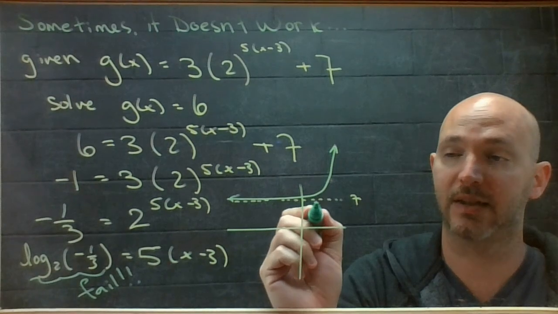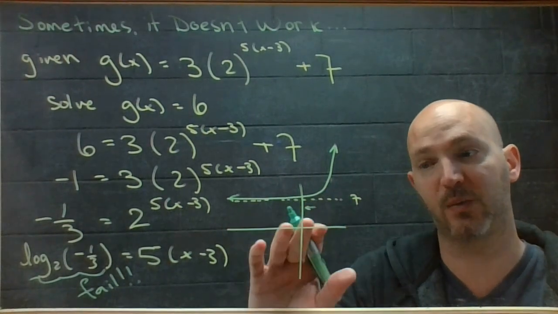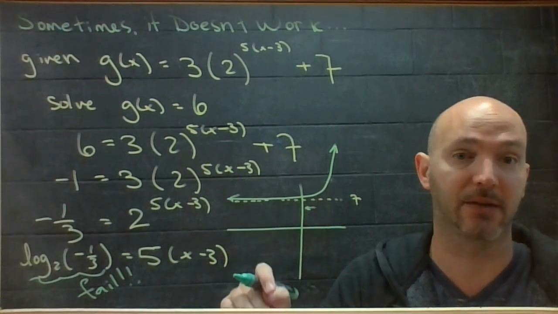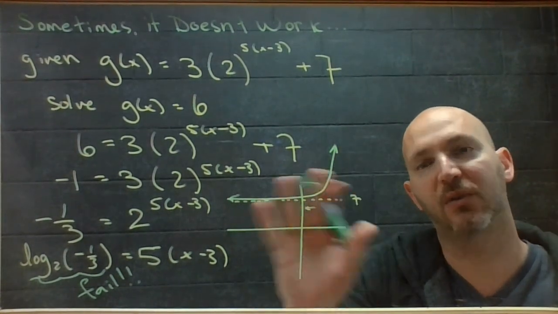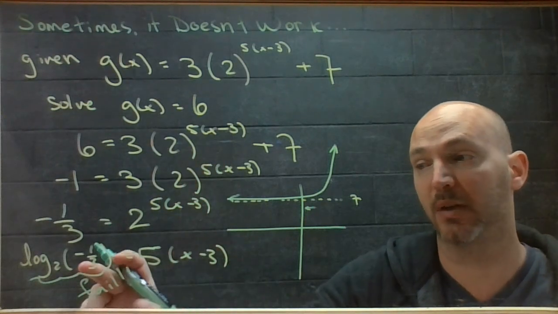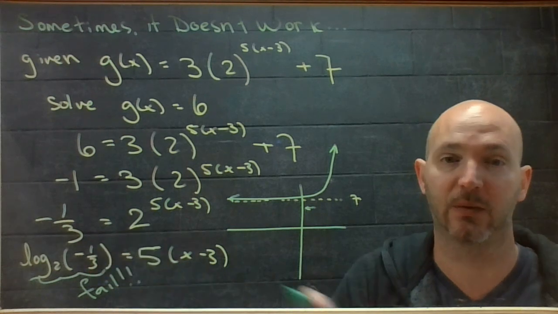If you look, y equals 6 is here. That exponential will never reach that value because the asymptote won't let it cross in order to get down there. So a picture would show you that. And the algebra will show it to you too, because this happens. You have to feed either a 0 or a negative into a logarithm.